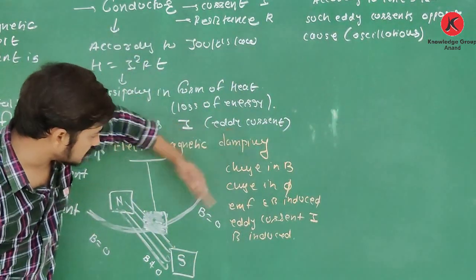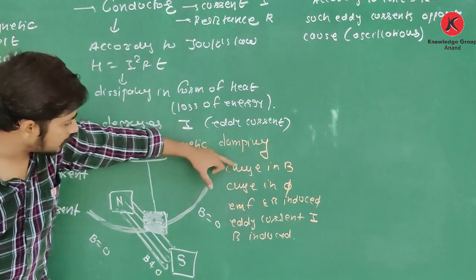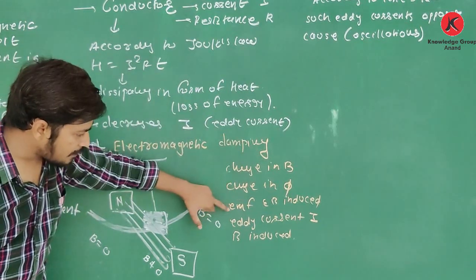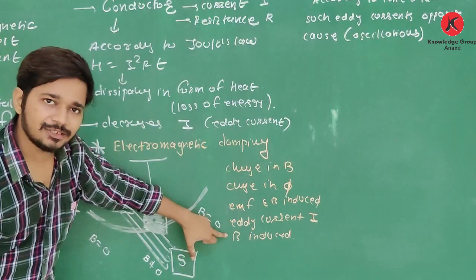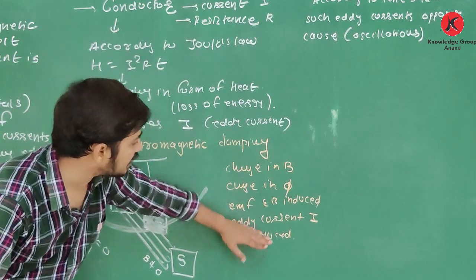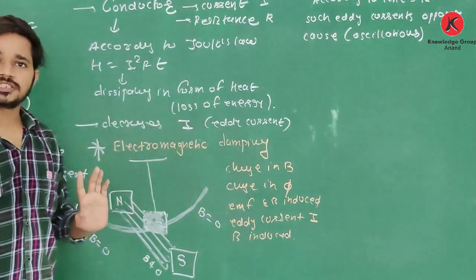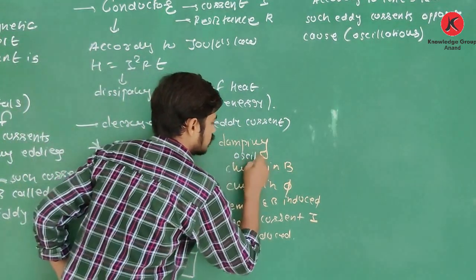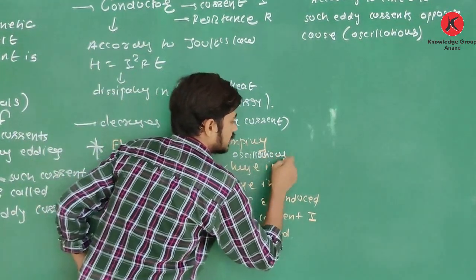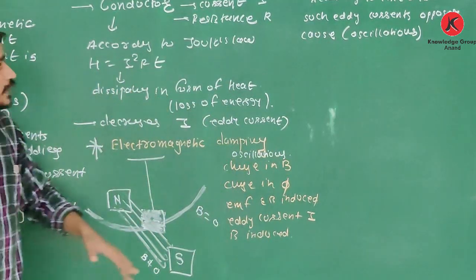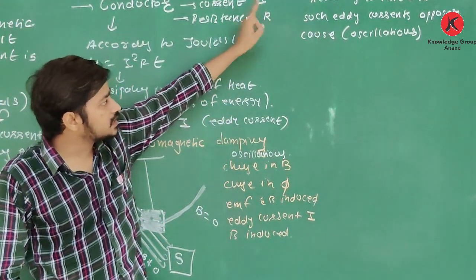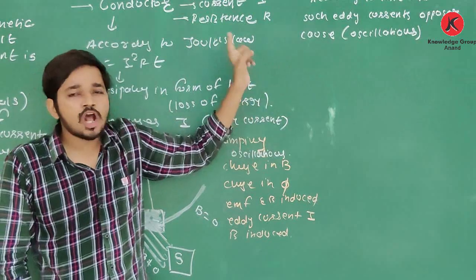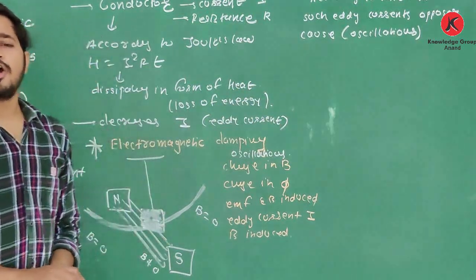Due to oscillation, there is change in magnetic field, there is change in flux, EMF is induced, eddy current is induced. So what is the reason eddy current is induced? Oscillations. Clear about this? So yes, according to Lenz's law, such eddy currents oppose the cause. That is oscillations.